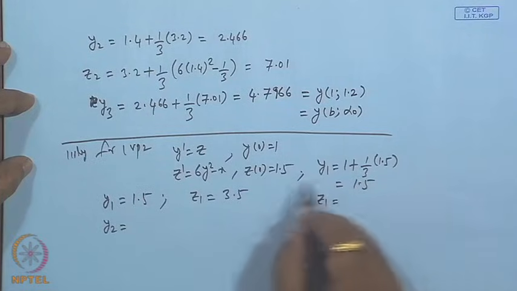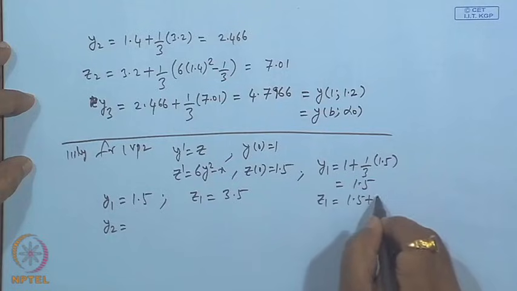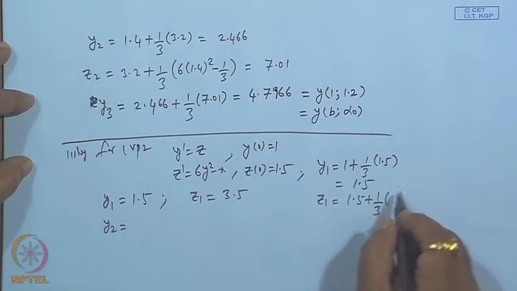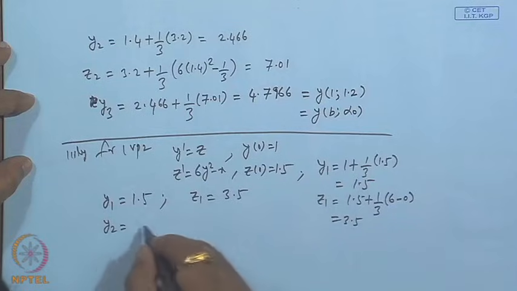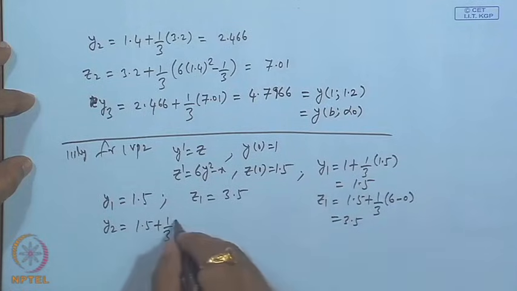Z 1 is z 0 plus h times 6 y 0 square minus x 0, so this will be 3.5. Then y 2 is y 1 plus h z 1.